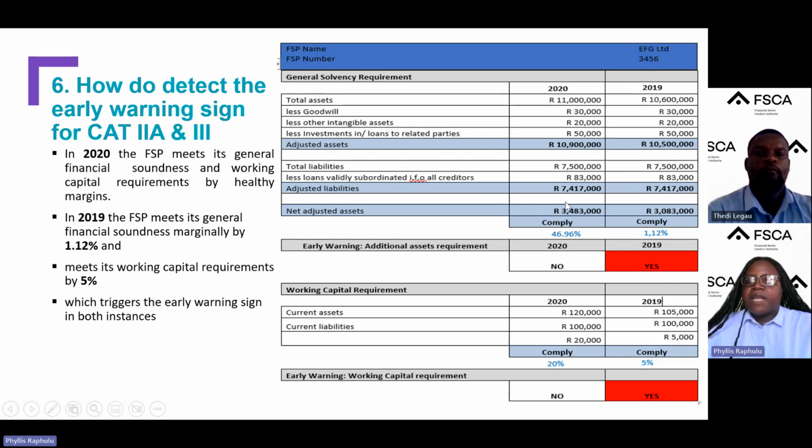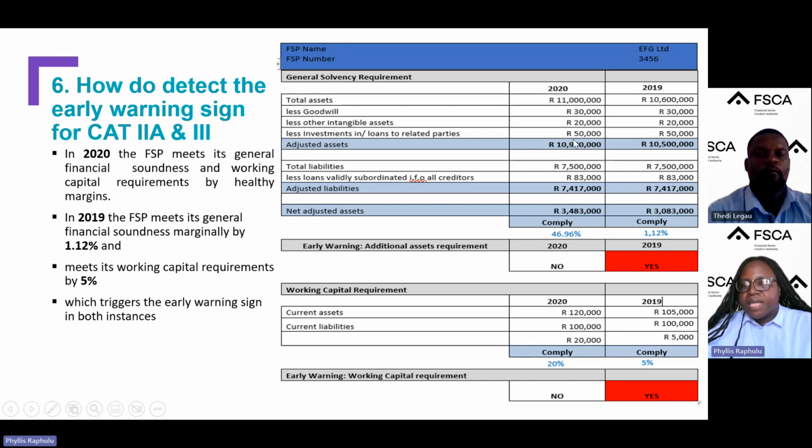And then the general solvency requirement differs from the requirement for category 1, category 2, and category 4 FSPs, because in Cat 2A and Cat 3, there is an additional requirement that requires the FSP to have assets that are more than liabilities with an excess of 3 million.